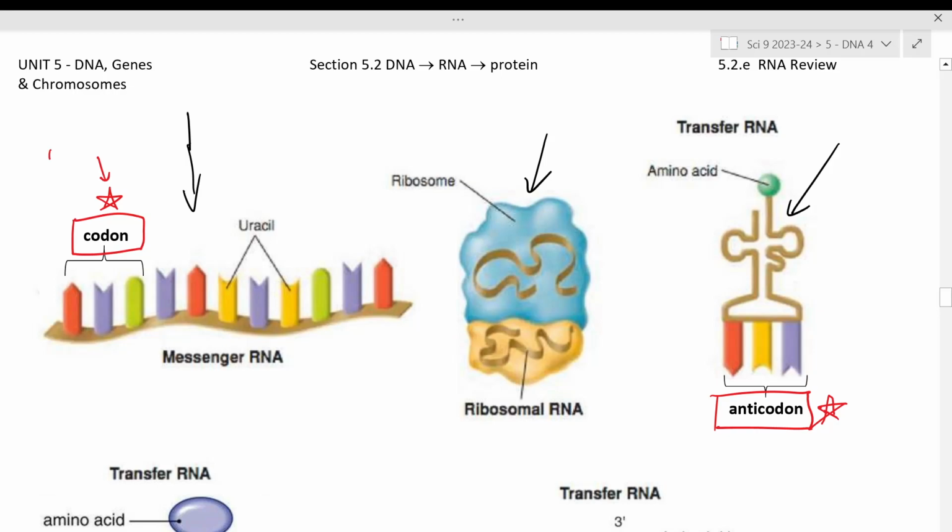Yeah, so the codon is on the mRNA. And the anticodon is on the tRNA. And if you have trouble remembering which is which, well, anti has the letter T in it, so it's tRNA.